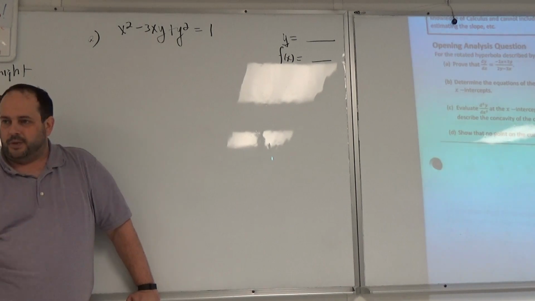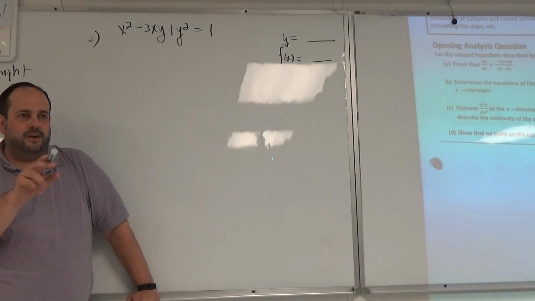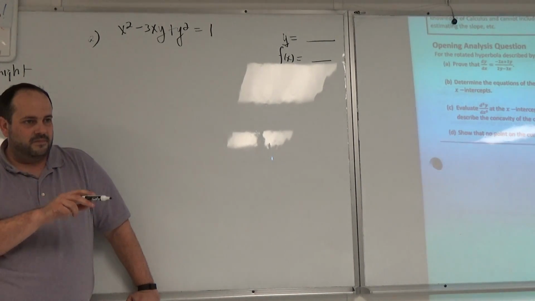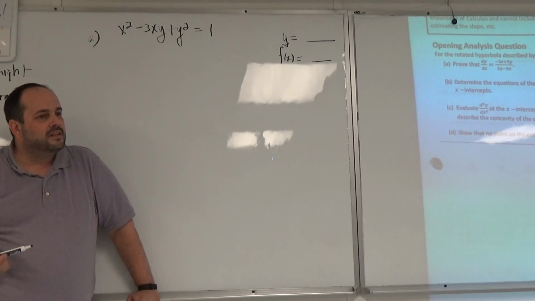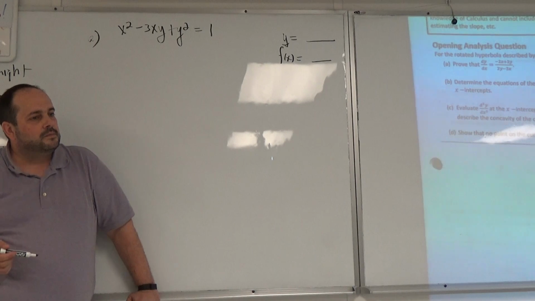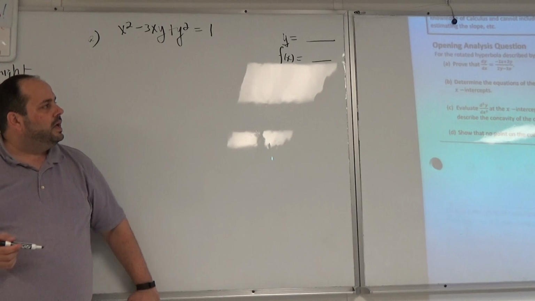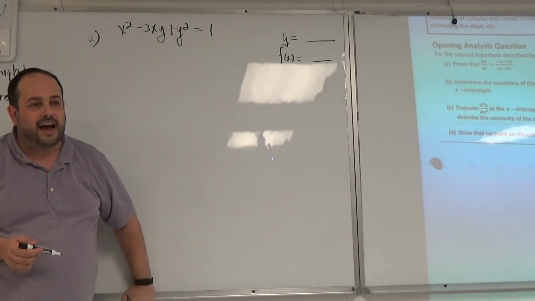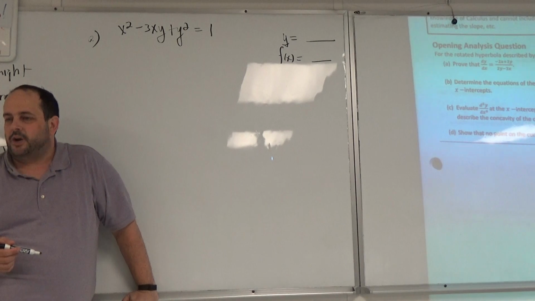Functions are very, very special to us. Is it because it's x and y in one? It is possible that that's the problem, but if you look at the graph, there's another reason why I'm going to call this a curve, not a function.